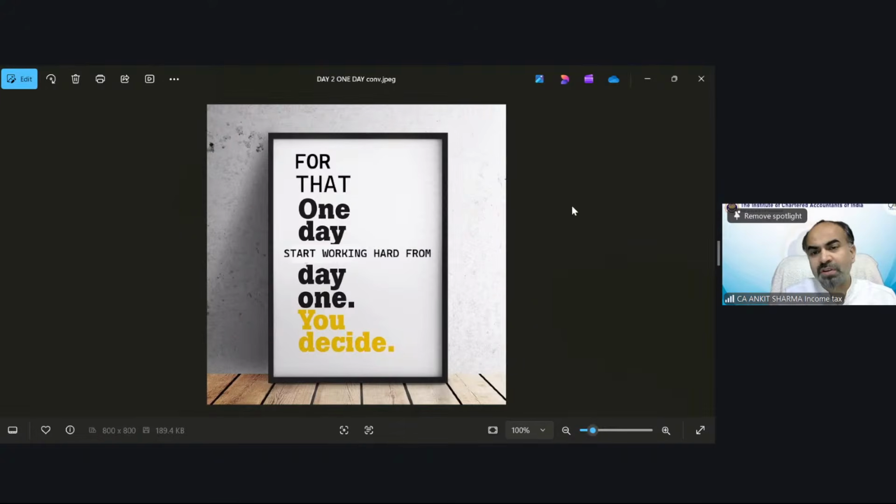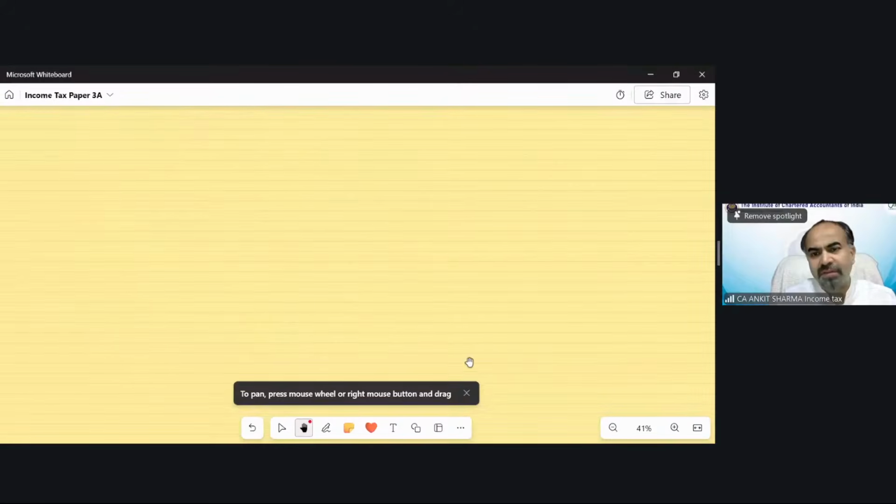Moving on to the provision. Now we are left with the pure numerical part of house property, in which we will discuss the 7 different cases.